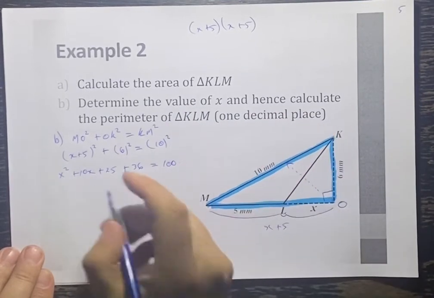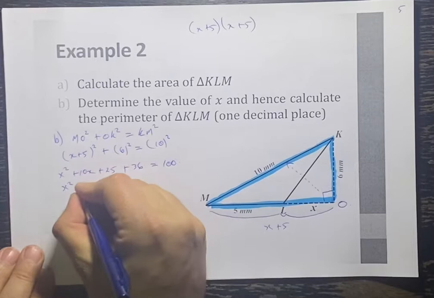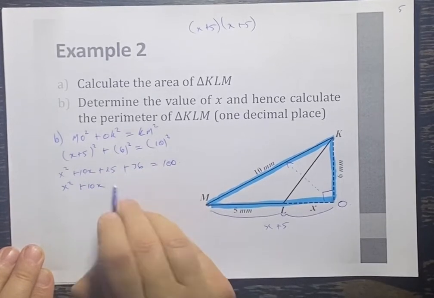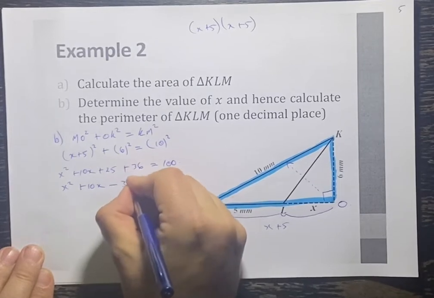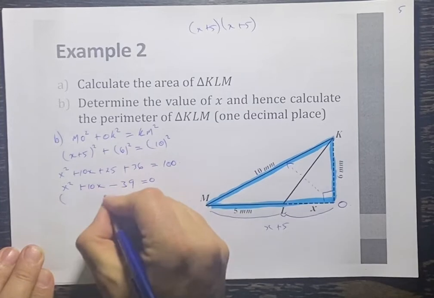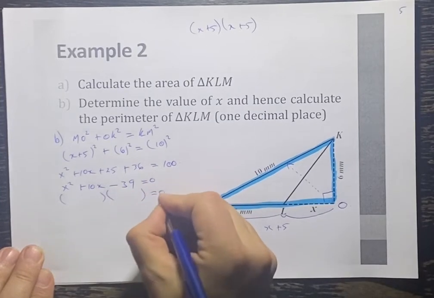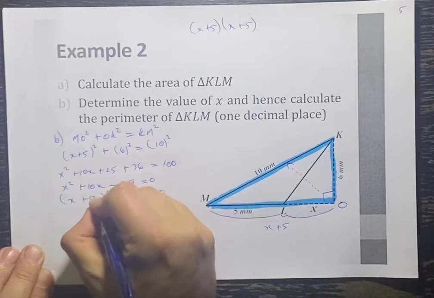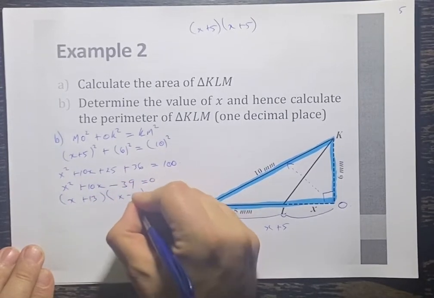Okay. If I take everything to the one side, we get x squared plus 10x minus 39 equals 0. This is a trinomial. We can factorize that trinomial. Again, guys, this is from last term. So we get (x plus 13)(x minus 3).